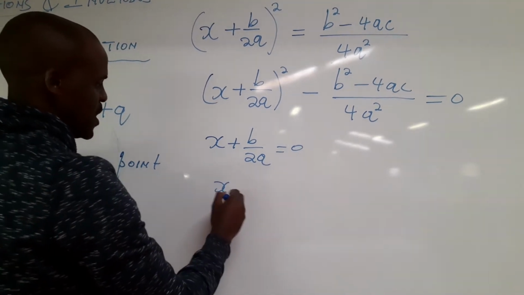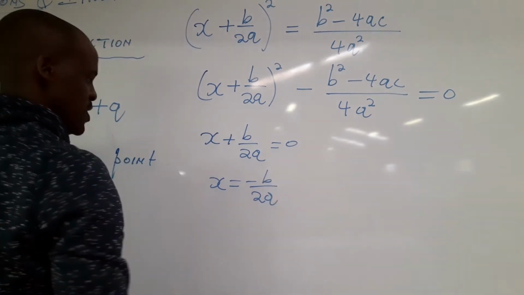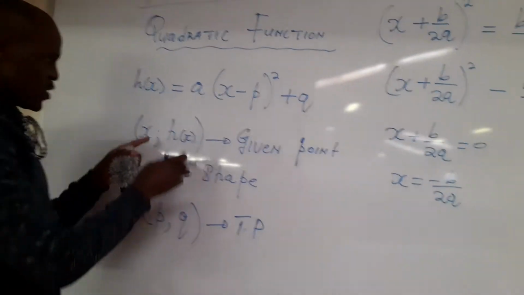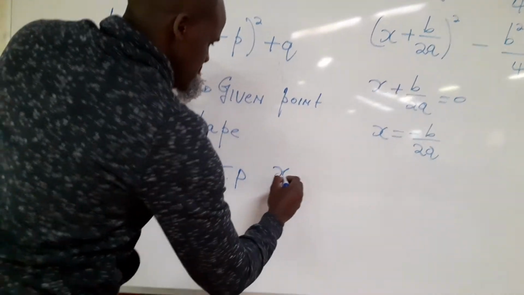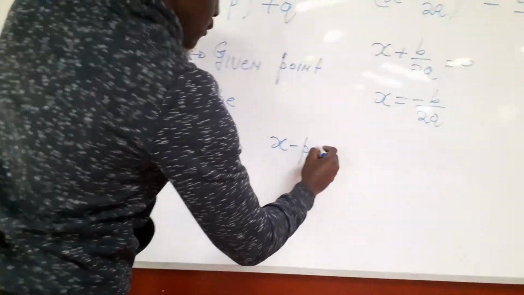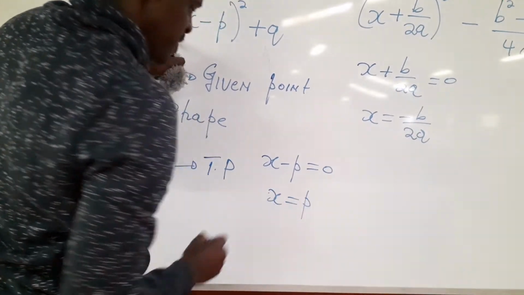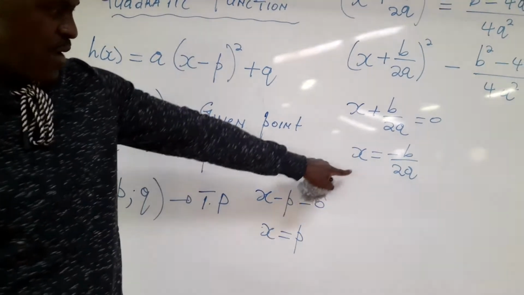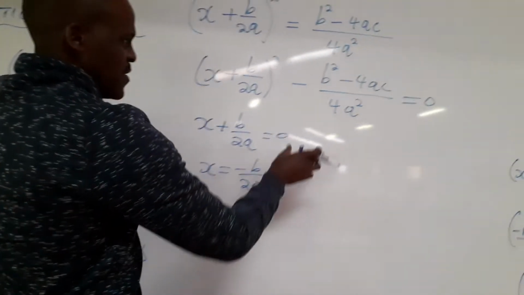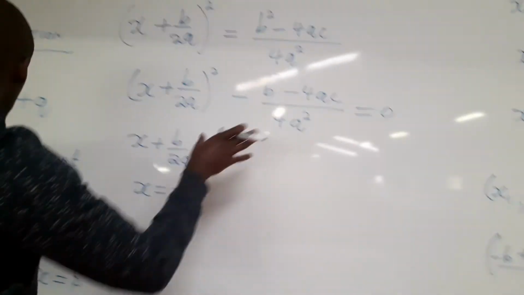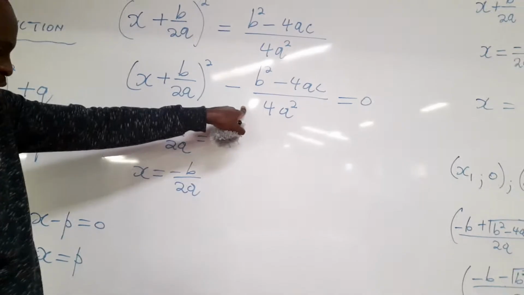Therefore, transposing, x is equal to negative b over 2a. That's what we have to do to find the turning point. You just take that, x minus p equals 0, and then you solve for x. X will be equal to p. This is the x value at the turning point, same as where you solved there. And then this is the y value, which is represented by q. That's the y value at the turning point.